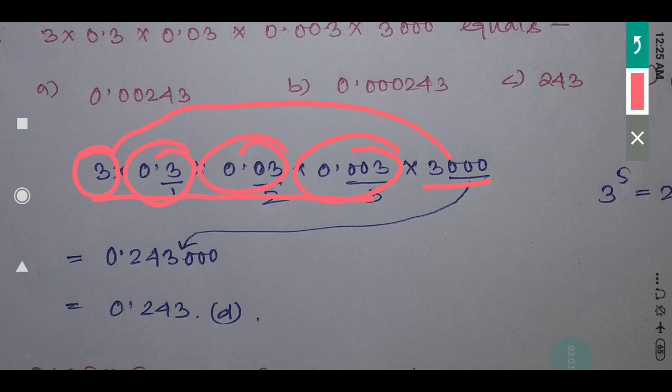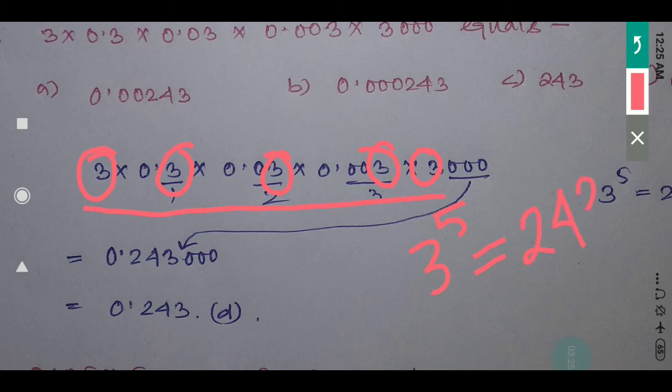So first of all, you have to do the multiplication of which numbers? Only the numbers, without the decimal point. So here 3, from this 3, from this also 3, from this also 3, and here also 3 is there. So how many 3's are there? 5 3's. That means 3 into 3, like this 5 times, if you multiply, it will be 3 power 5, which is 243.